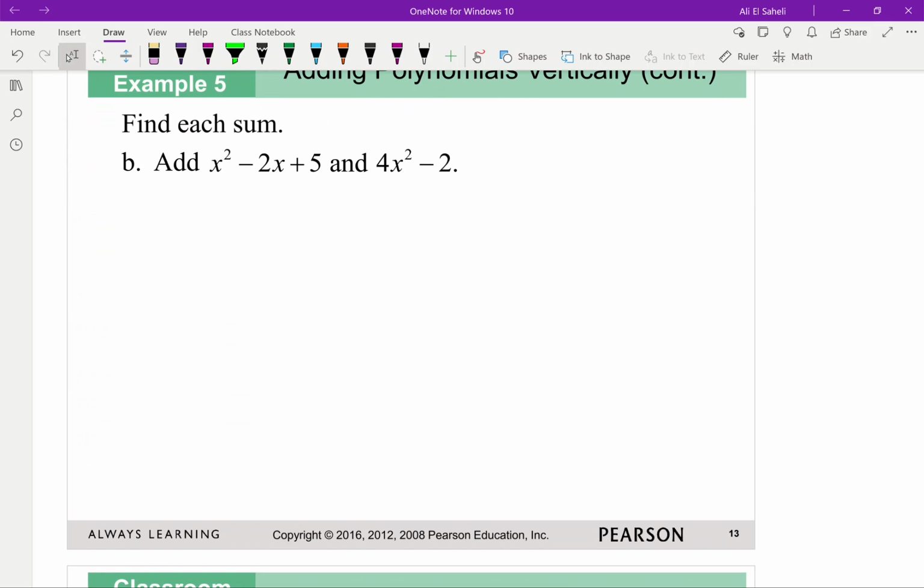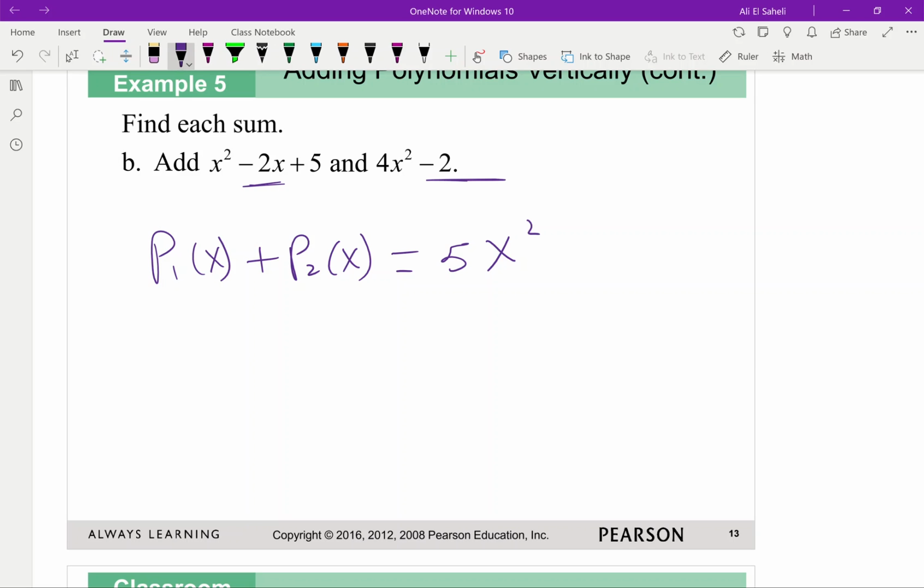All right. Add this polynomial to this polynomial. Start with the first one. You have x squared, and here we have x squared. So let's call the first one p1 of x, the second one p2 of x, polynomial of x. So x squared plus 4x squared is 5x squared. Now, minus 2x, there is no x here, so we keep it as is, minus 2x.